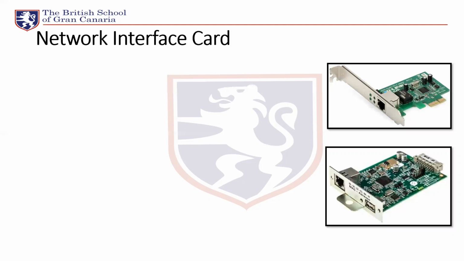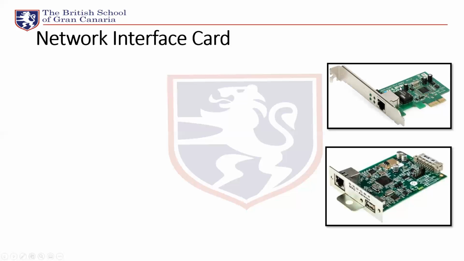So let's first take a look at the network interface card. Every device has to have some form of network interface card. Otherwise, that device cannot communicate with another device. Generally, these cards are recognized, for example, if you take a look here, you can see that there's a plug for an Ethernet cable, which then communicates to the rest of the circuit on the board.